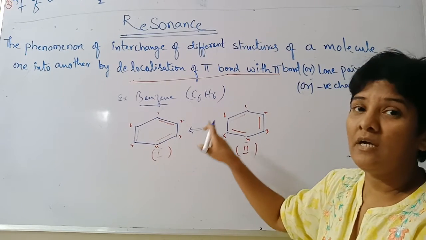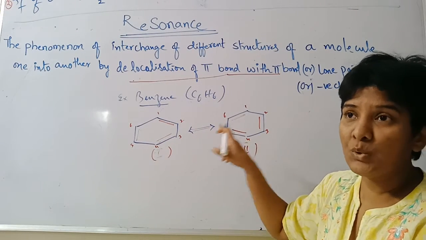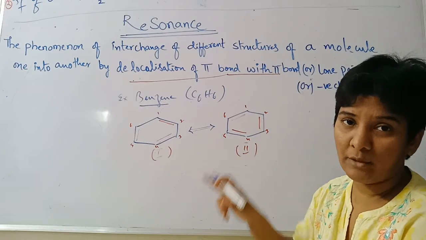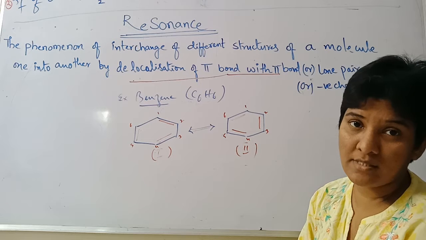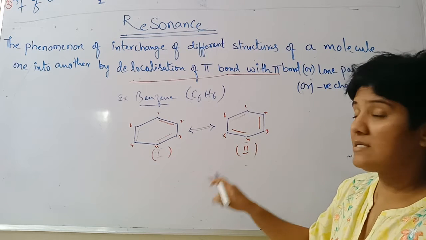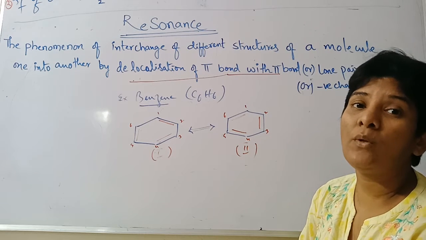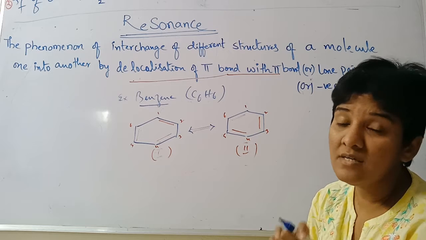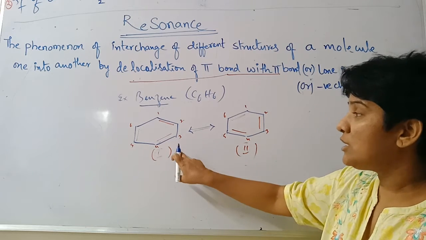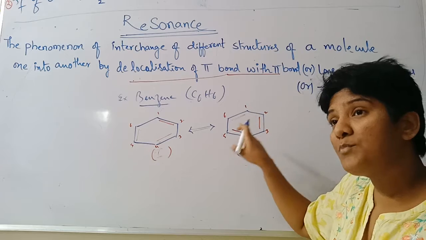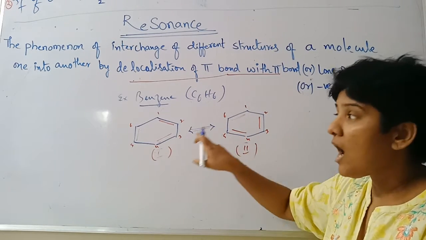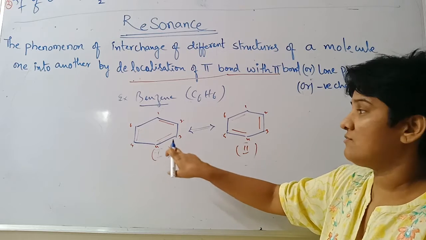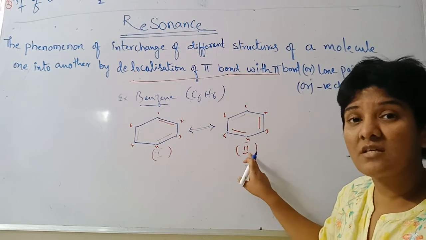Whenever two structures are interconvertible and both exist together, the system is called an equilibrium. So these two structures of the same molecule, benzene, both exist. Then how does one structure change to the second structure?